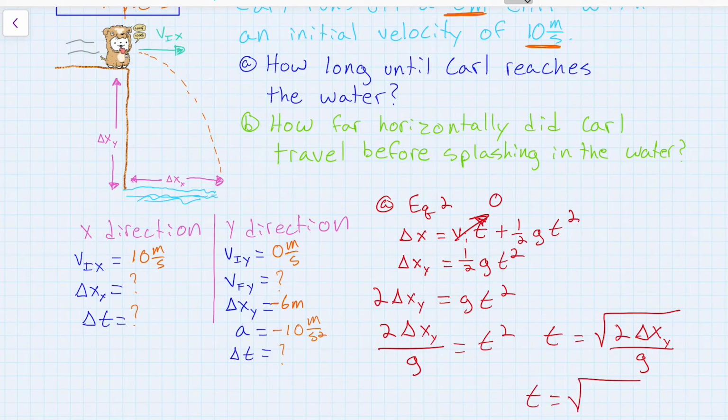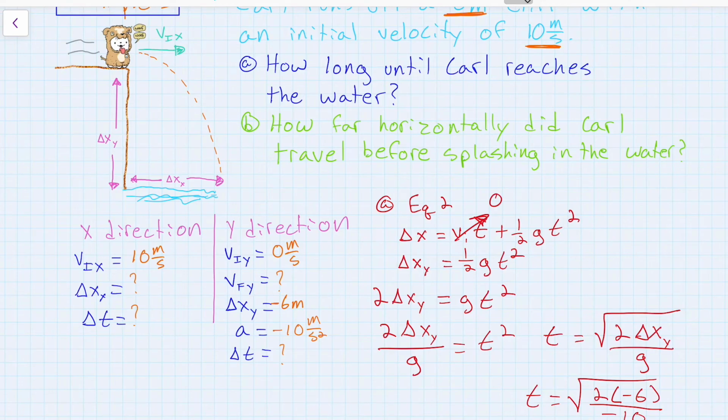So let's go ahead and plug these values in. We get 2 times the vertical displacement, which is minus 6 meters, all over minus 10 meters per second squared. So we can see that those negative signs cancel, and what we're left with is 2 times 6, which is 12, divided by 10.